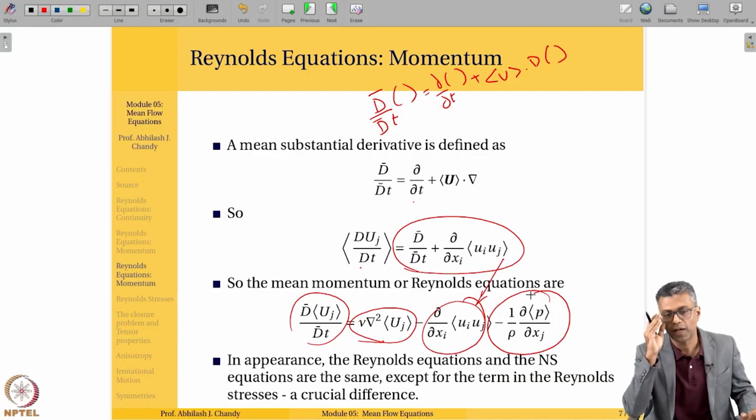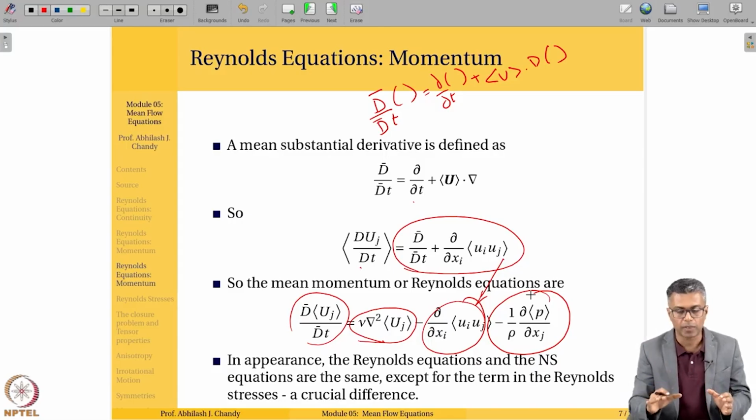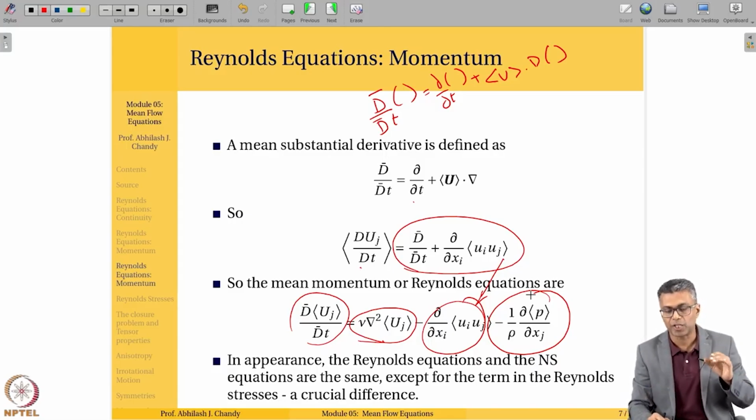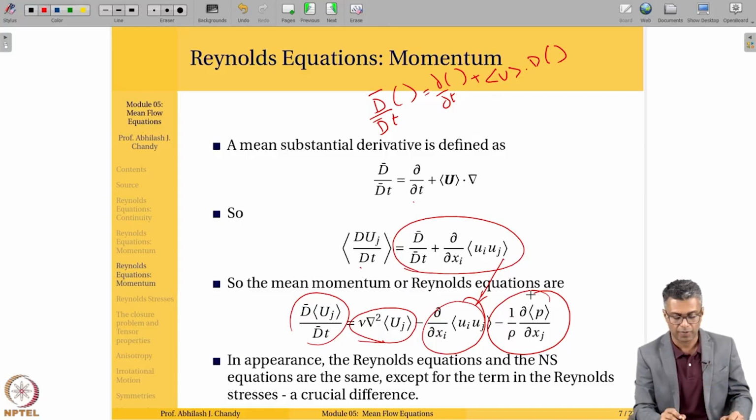So what we have tried to do by doing all this math is to express the Reynolds equations of momentum in a similar way as the original momentum equation. You have a substantial derivative on the left, except this is a mean substantial derivative, so there's more to it. The mean substantial derivative is equal to the viscous term plus the pressure gradient term.